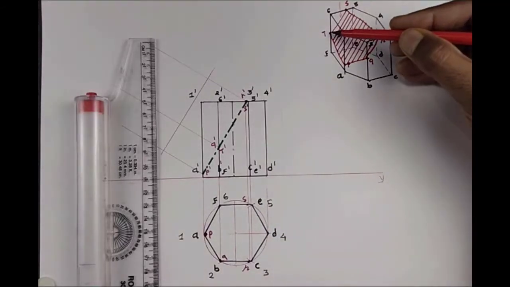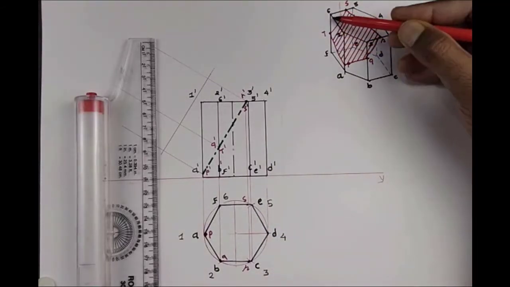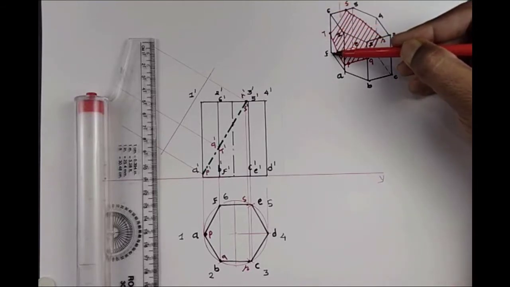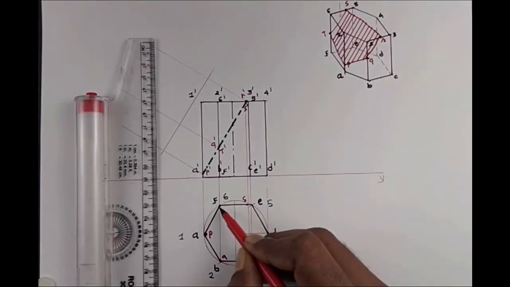Now for T point, it is again on a vertical edge. So the plan of T appears on F. So I mark the T point.